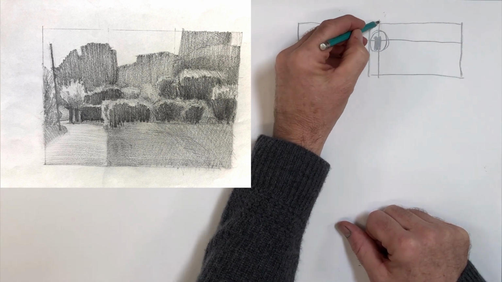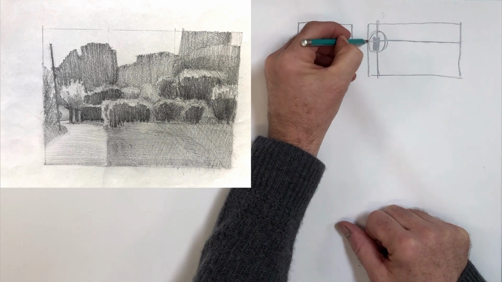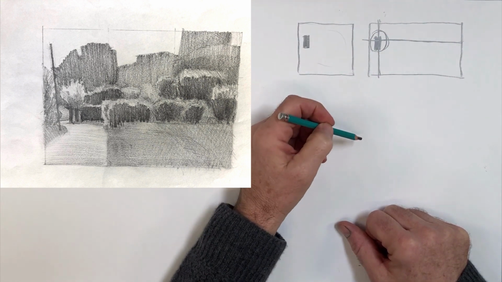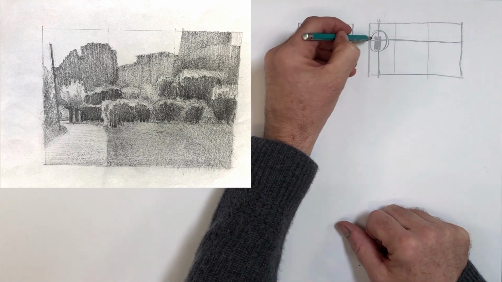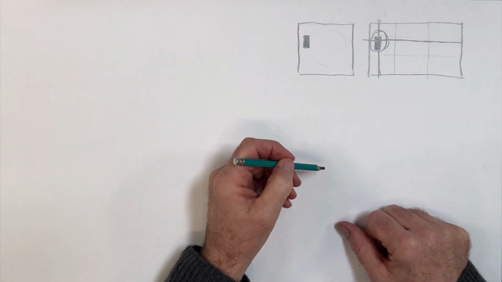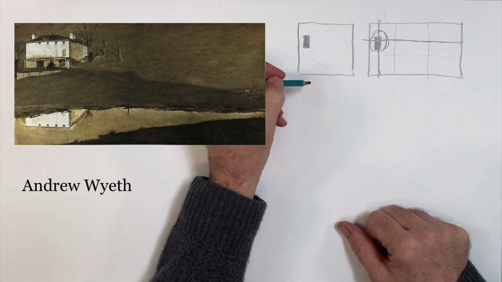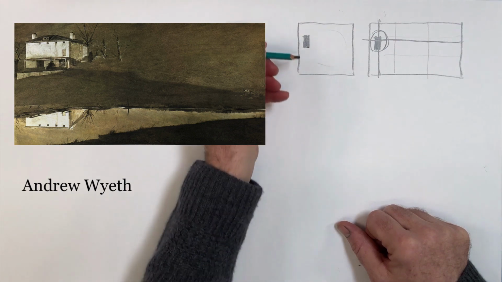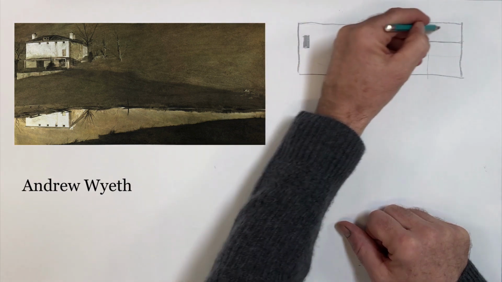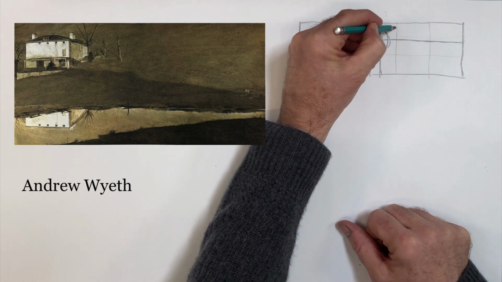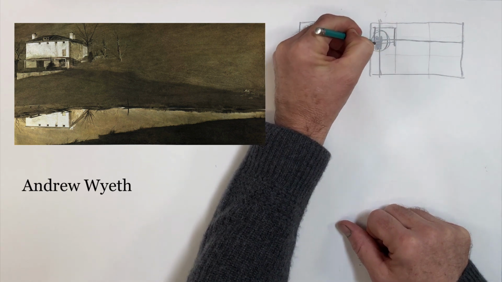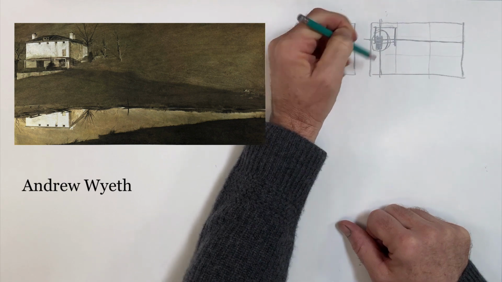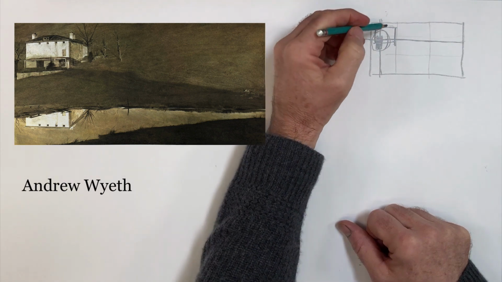And she said it's way over here, which is interesting, but maybe unusual for someone that's always heard about putting things on the third. But look at this painting by Andrew Wyeth. And he's got the building crammed about as far up here as you could possibly get it and still keep it in the painting.